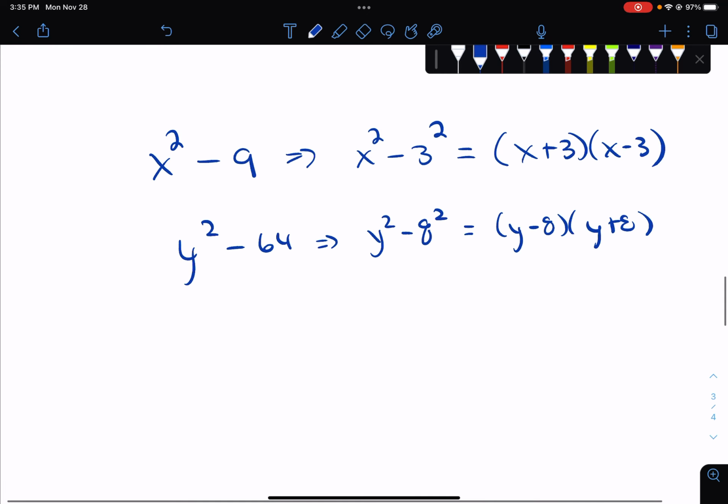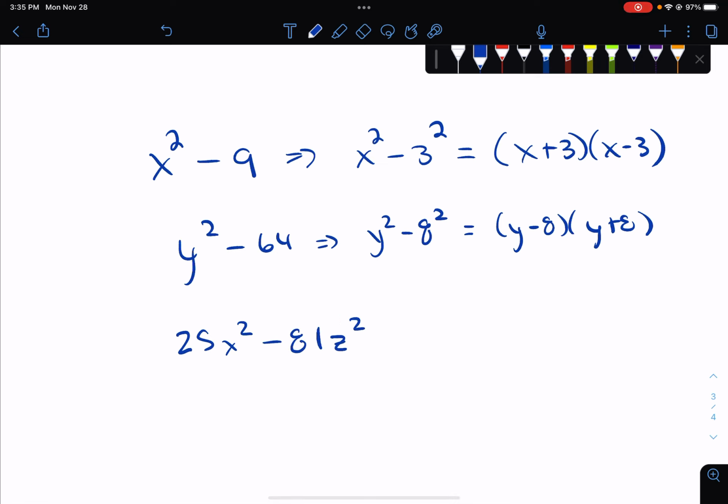If I have 25x squared minus 81z squared, that's the same thing as 5x squared minus 9z squared. So that becomes 5x minus 9z multiplied by 5x plus 9z.